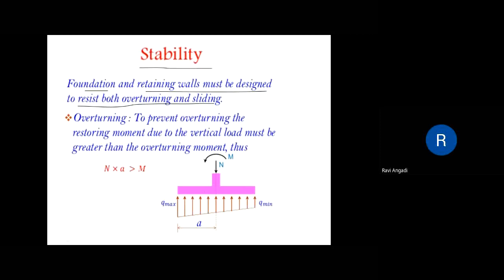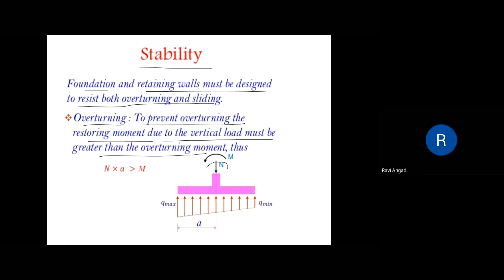So in that case it should be stable. To prevent overturning, the restoring moment due to the vertical load must be greater than the overturning moment. Means whenever the load is acting eccentrically, the vertical load should be more to resist the overturning moment.